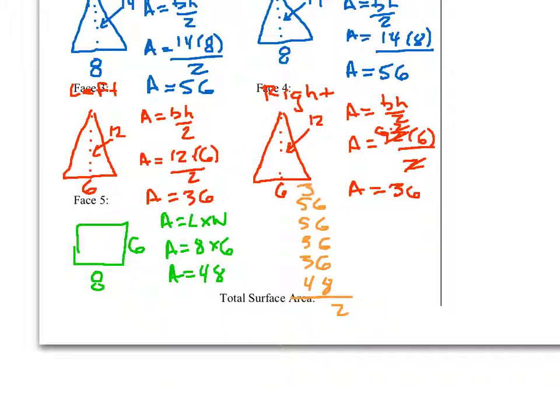Carry the 3. 3 plus 5 is 8, plus 5 is 13, plus 3 is 18, plus 3 is 21, plus 4 is 25. Hold on, let me check my math on that one. 8, 13. Yeah, you're right. It was 232. Somebody over there tried to trick me. 232 centimeters squared.